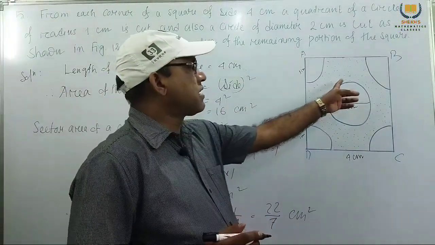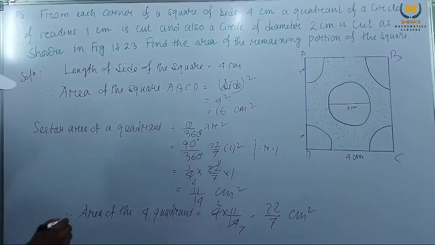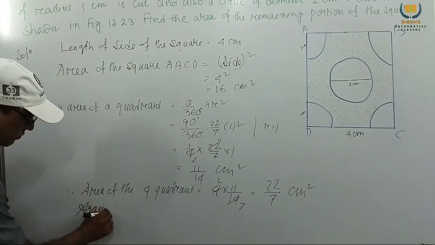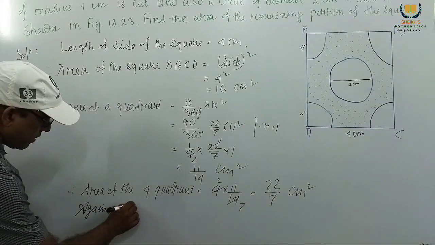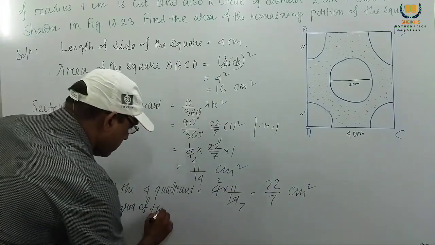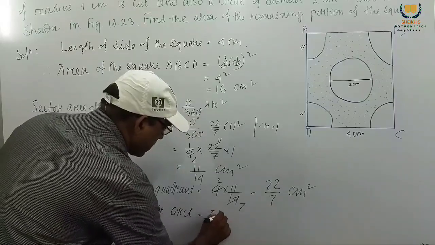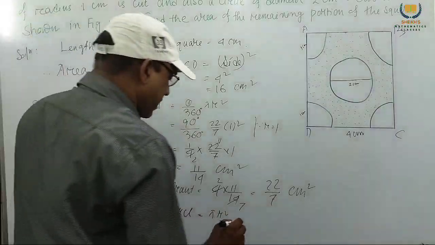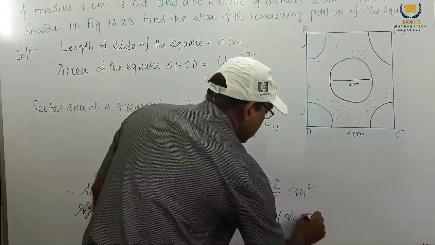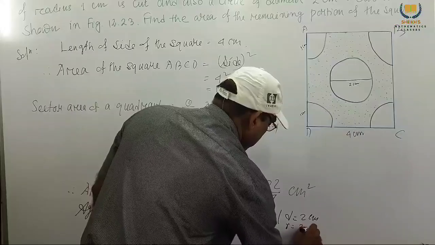Again, area of the circle is pi r square. Here d is given as 2 cm, so r equal to 2 by 2 equal to 1.